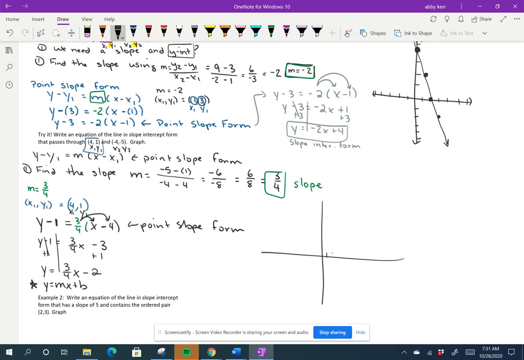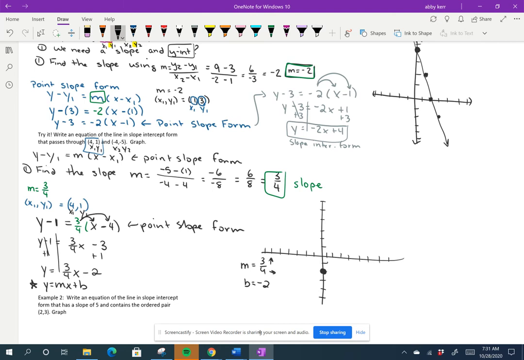So make your graph as even as possible with the tallies. And then we're going to graph from the y-intercept, which is negative 2. And then our slope is telling us to go up 3, right 4.